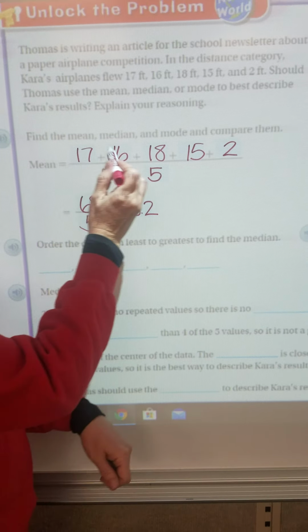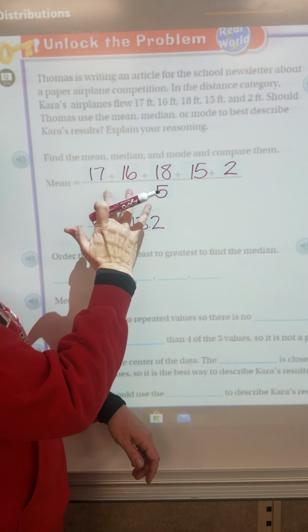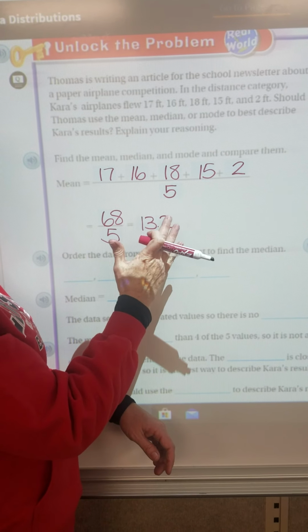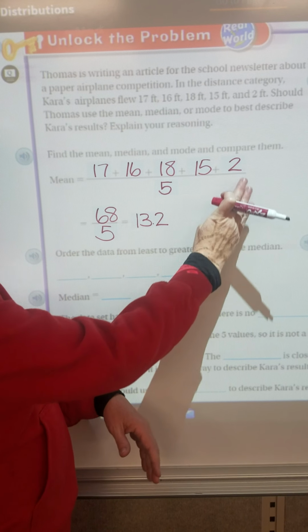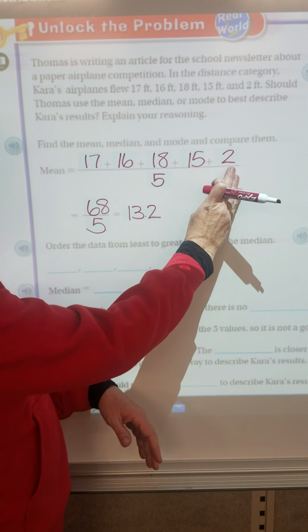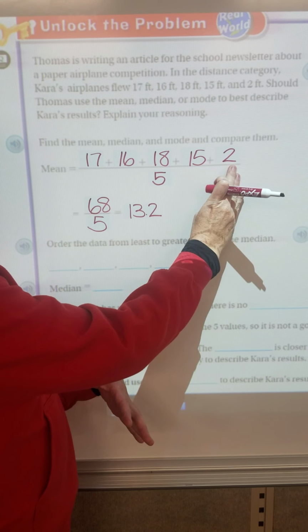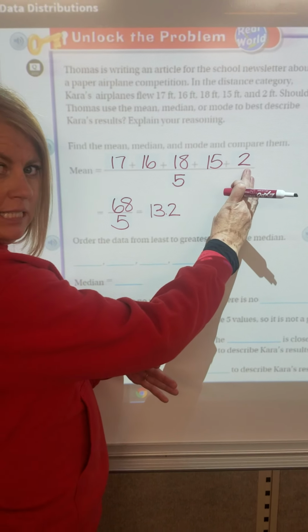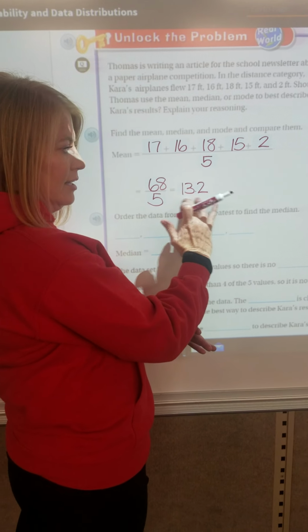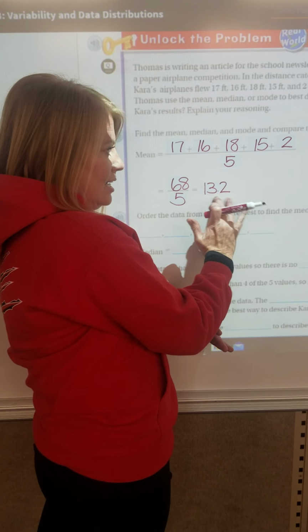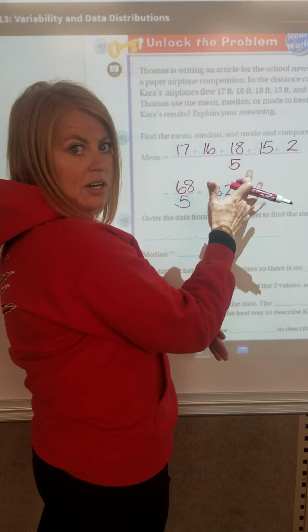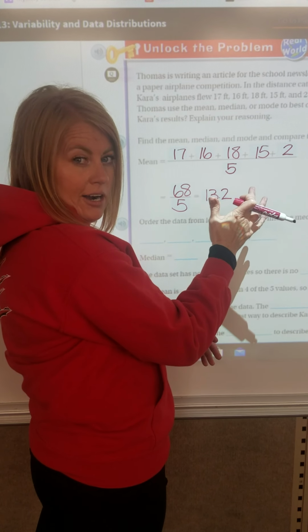Now, looking at my data values, boys and girls, one thing that jumps out to me immediately is all of them, except for this one, is greater than 13.2. And I want you to think, why is that? Why did the mean make it seem like the data values are smaller than they are?